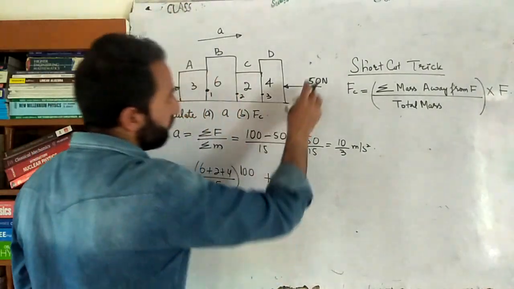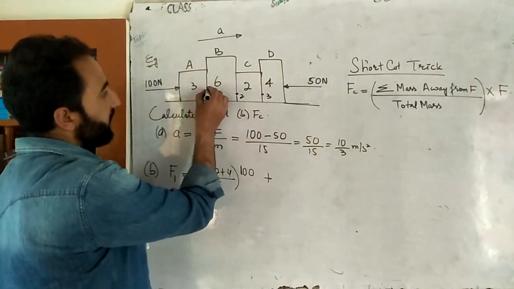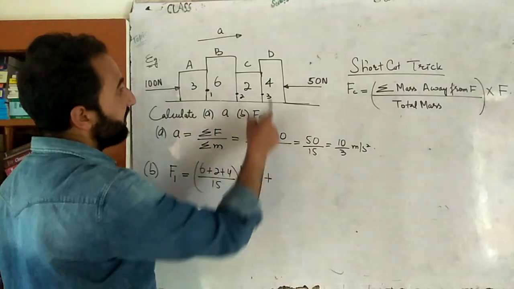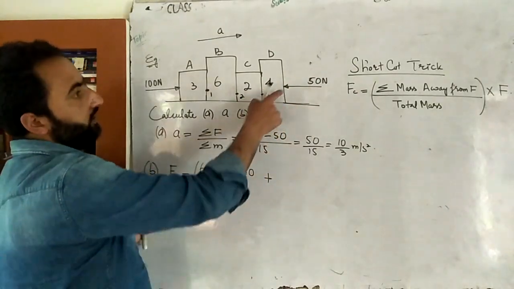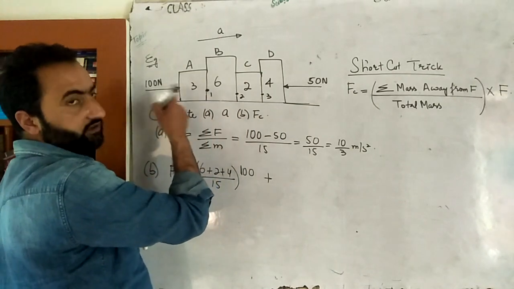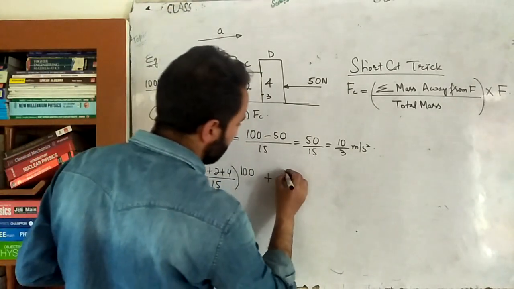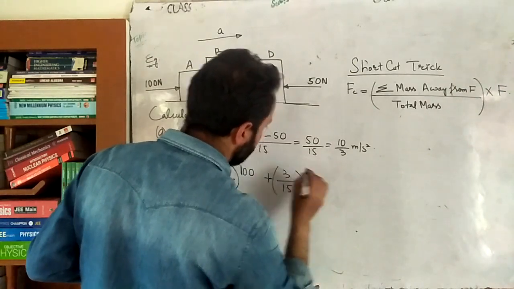Plus, now assume that there is only 50 Newton and no 100 Newton. Then the contact force at this point will be the mass away, which is 3 with respect to 50 Newton, divided by the total 15, multiplied by 50. This is the way we do it.